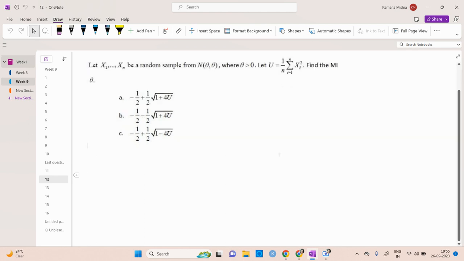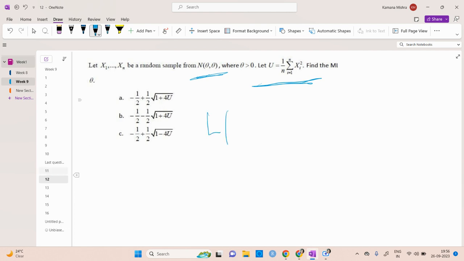So what is given here is 1 upon n summation xi square. Now you need to understand that here mu is equal to sigma square, is given. So your density function will be changed here. So now you have x and you have theta. So you have one parameter theta, you do not have two parameters.